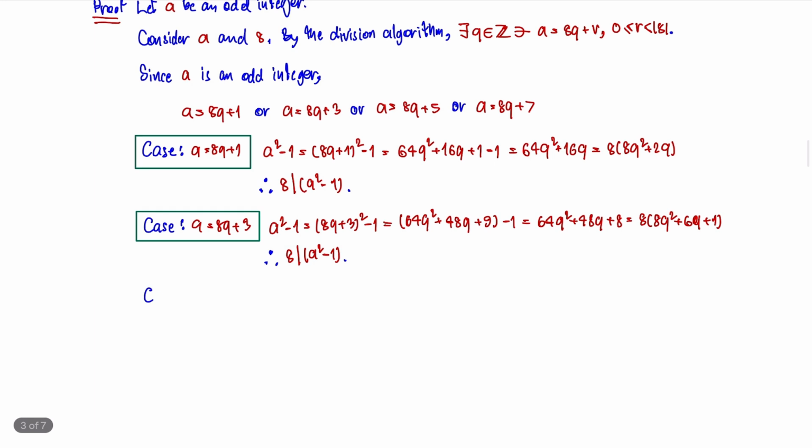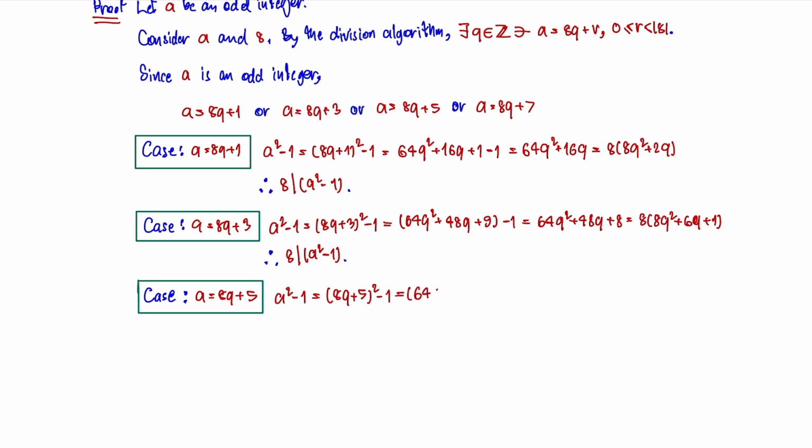Okay, let's go to another case, the case a equals 8q plus 5. We're going to have a squared minus 1, which is (8q plus 5) squared minus 1. So what is (8q plus 5) squared? We're going to have 64q squared plus 80q plus 25 minus 1.